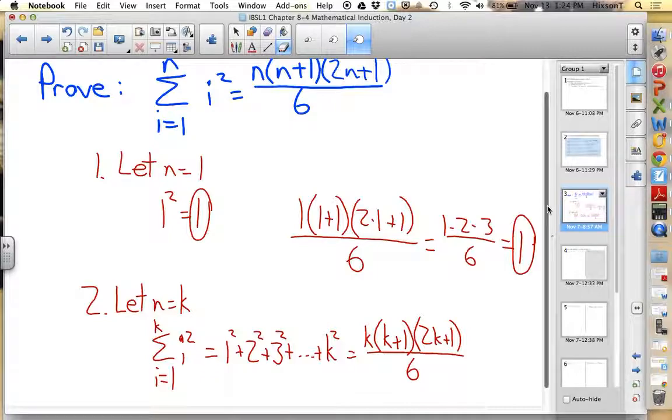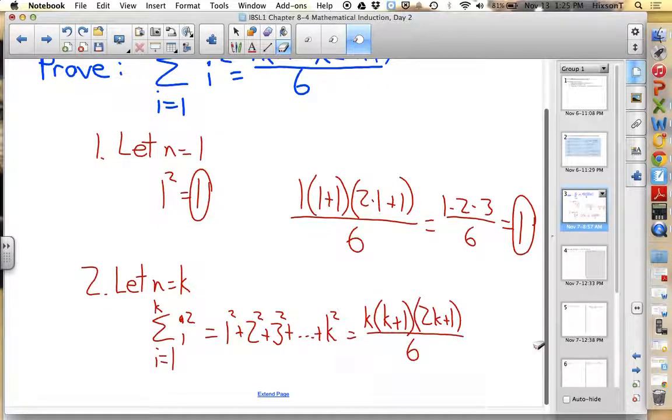No. Why not? Well, because n wasn't squared up here. You're just putting in k plus 1 each side. But i is squared, that's why each of these are squared. Oh, that makes sense.